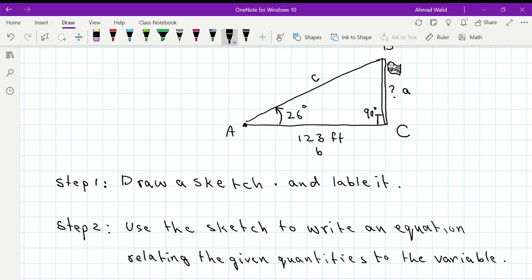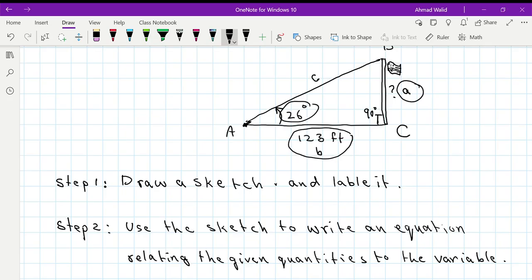To find a, I have the angle, and for angle A, we call this side the adjacent. I don't have the hypotenuse. Then there is a trigonometry function that relates this angle with opposite and adjacent.